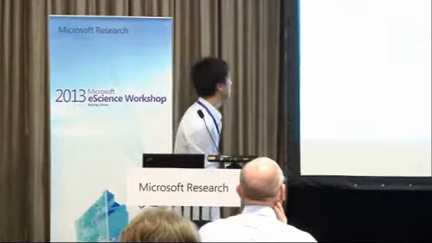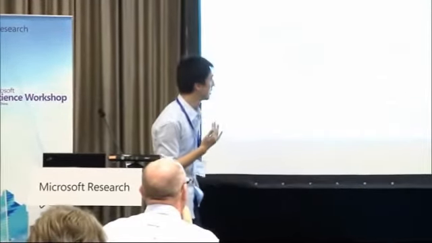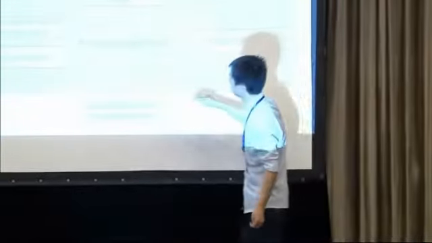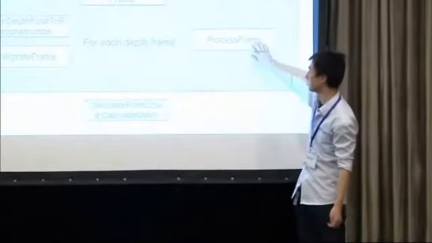Okay, and this is the fusion pipeline. When we get the new depth frame, we need to convert it to a depth float frame, because our fusion only accepts the depth float frame format. And we have two choices to integrate this frame. The first one is called ProcessFrame.